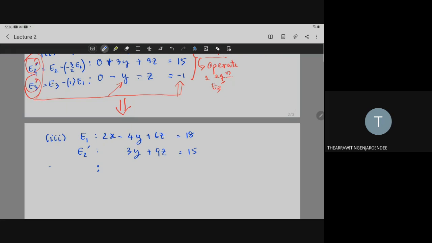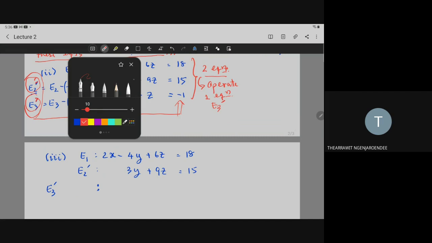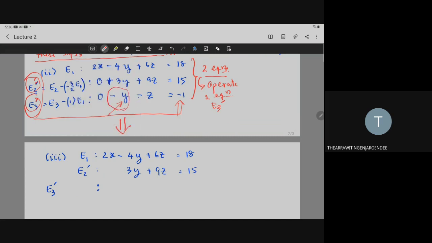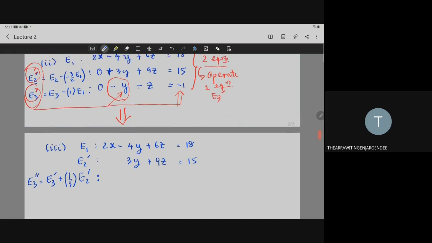I set up E3 prime first, and then I'm going to add 1/3 of E2 prime to get the new equation 3. Let me call the new equation E3 double prime.